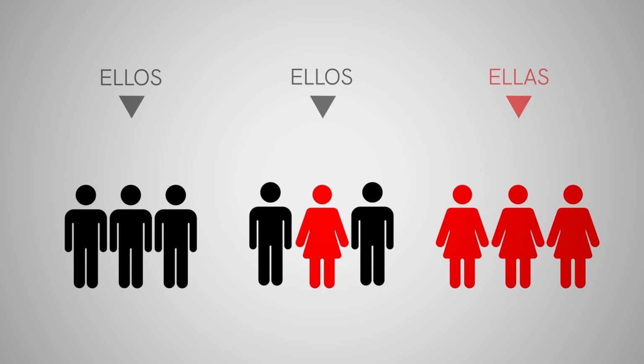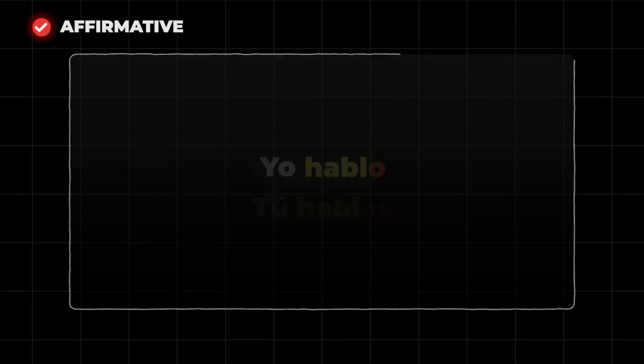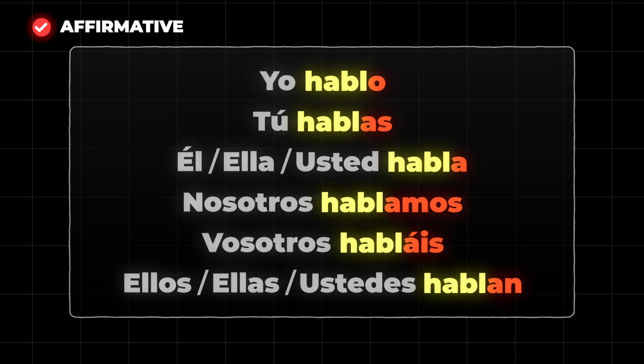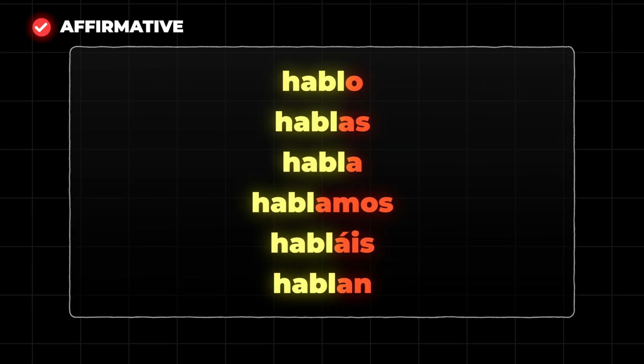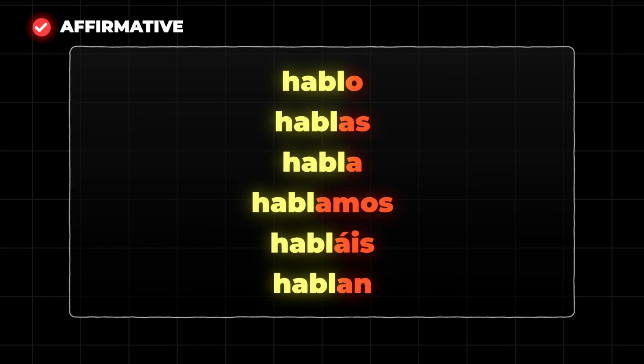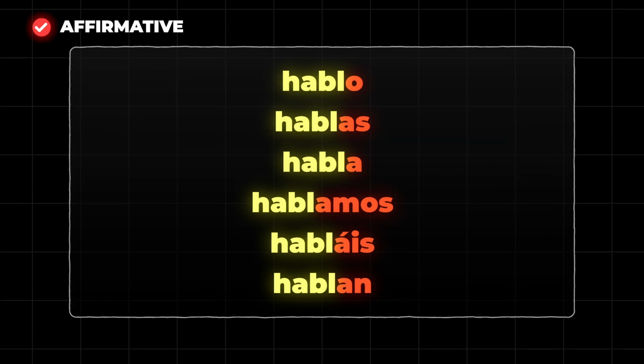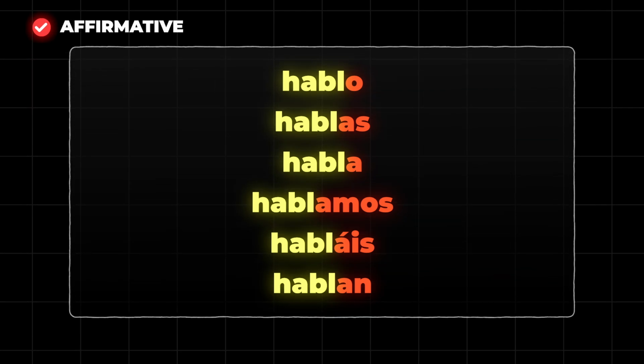But in plural, we only have they. In Spanish, we use ellos for masculine or groups with mixed gender, and ellas for an entire feminine group. And remember that in Spanish you don't need to say the personal pronoun as in English. As we have different conjugation for each personal pronoun, we already know which person we are speaking about, so we don't need to use the personal pronoun.